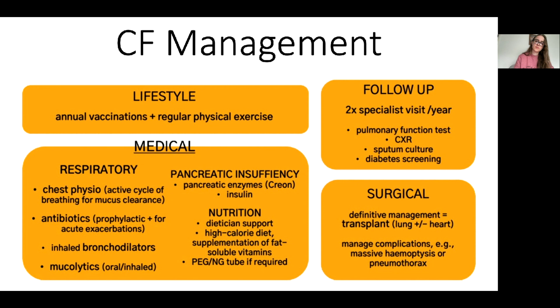Chest physio is really important to help them clear the mucus, these thick secretions. They might need prophylactic antibiotics to stop these exacerbations and infections. Bronchodilators and mucolytics can also help. And then for the pancreas, if they've got pancreatic insufficiency, we need to replace the function of the pancreas essentially with enzymes and insulin.